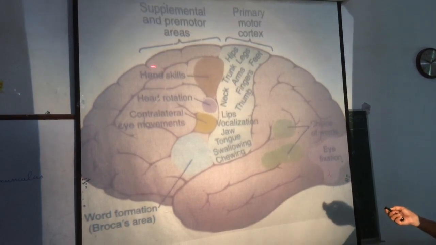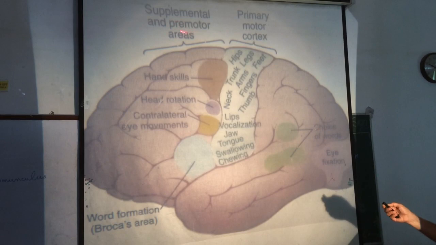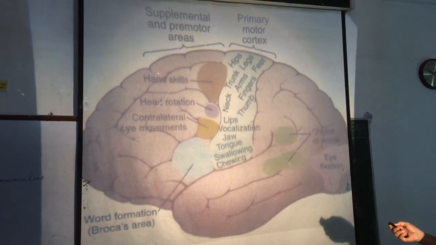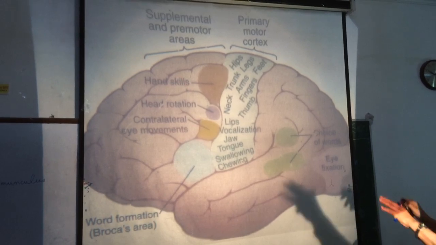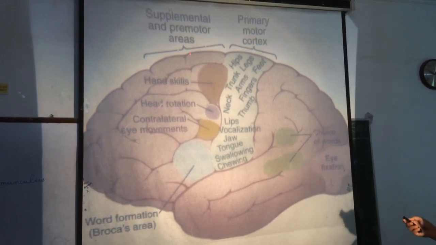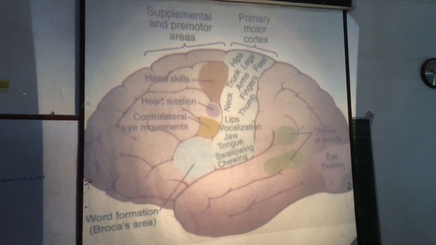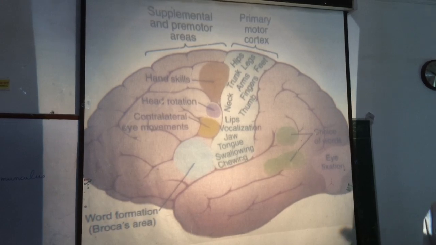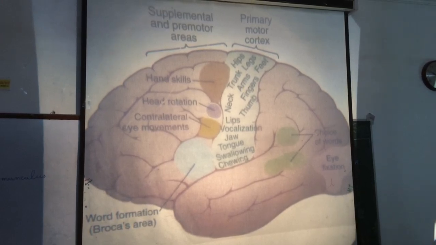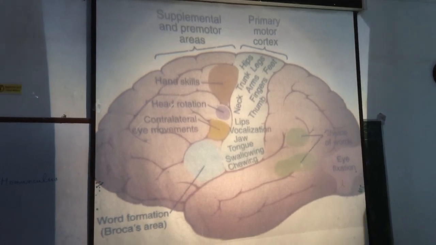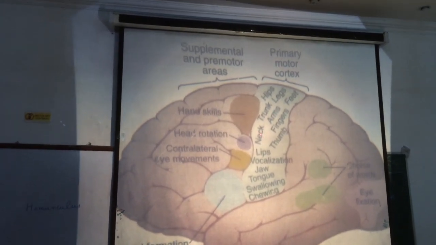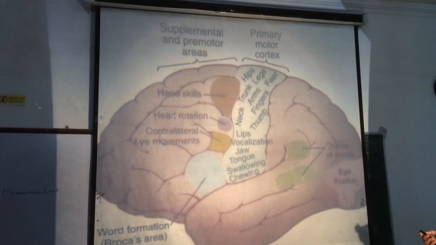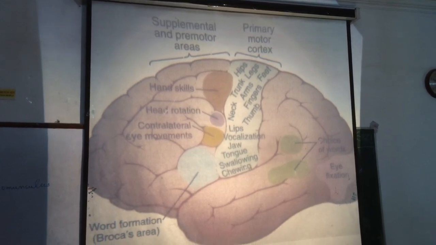It is broad above and narrow below. The premotor area is Brodmann's area 6.